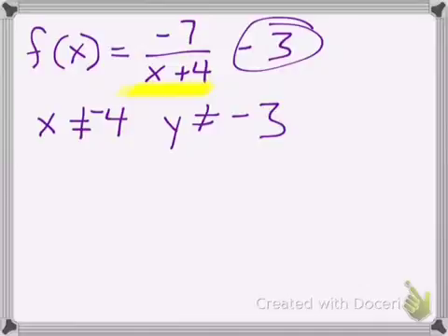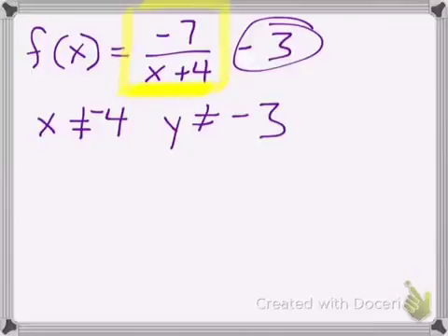Can -7 over x plus 4 be 6? Sure it can. We could find a value for x that would make that 6, and then 6 minus 3 would give us 3. The only thing that we can't find is a value that would make this equal to 0. So we could never have 0 minus 3, which means y can never be -3.